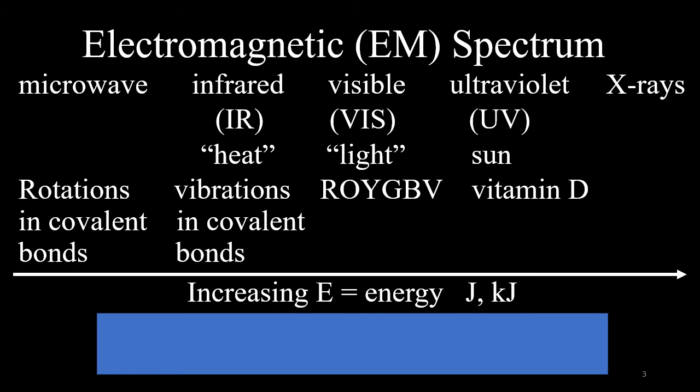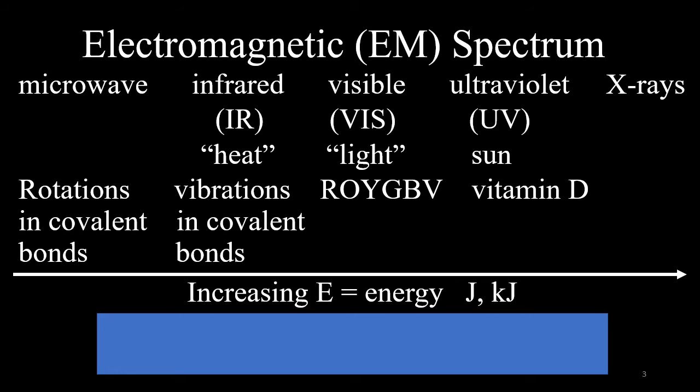What they want you to know there is that they affect rotations in covalent bonds. And again, it's an analytical tool to use microwaves to help you identify something by looking at the rotations in covalent bonds. But all they really care that you know is that microwave is rotations and infrared is vibrations. And I could never remember that for the longest time until a very clever student pointed out that microwave ovens rotate.